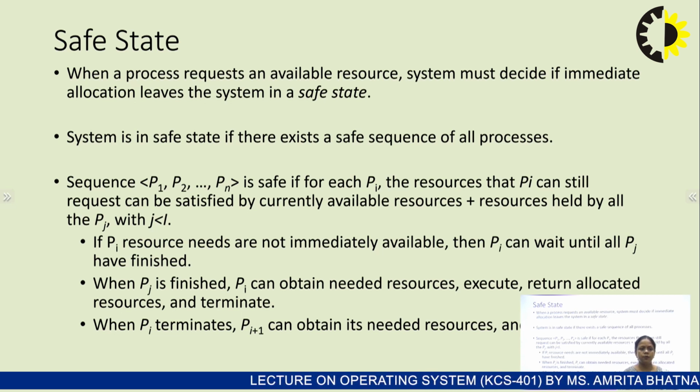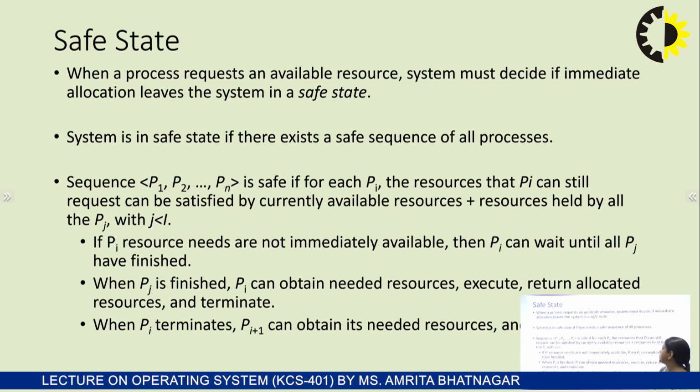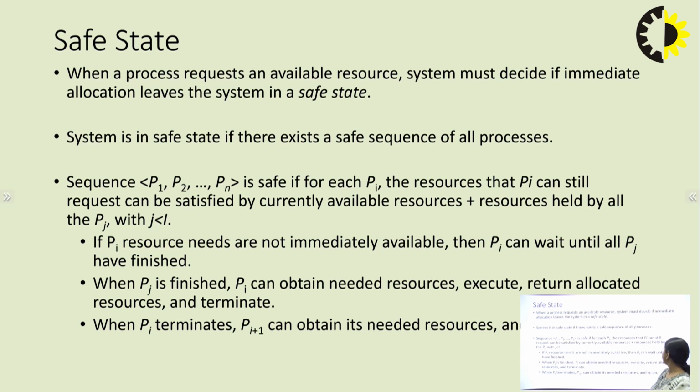Sequence P1, P2, ..., Pn is safe if for each Pi the resources that Pi can still request can be satisfied by currently available resources plus resources held by all the Pj with j less than i. If Pi's resource needs are not immediately available, then Pi can wait until all Pj have finished.